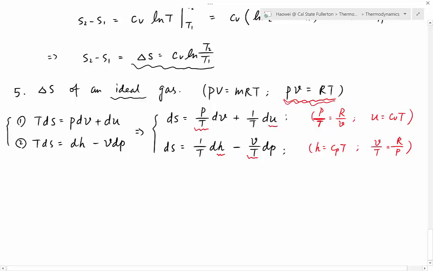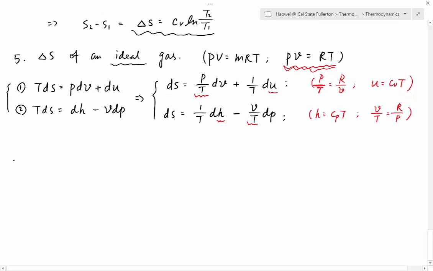Okay, so now let's continue to rewrite those two equations. Left hand side is still derivative ds. Okay, first term in the right hand side becomes R over nu d nu. Second term becomes derivative u.